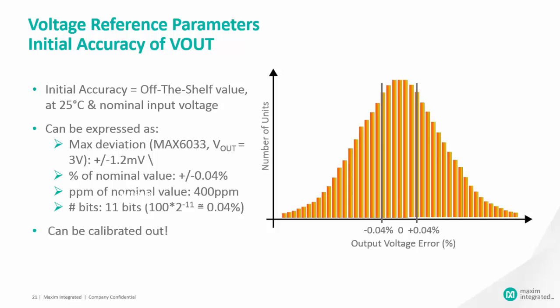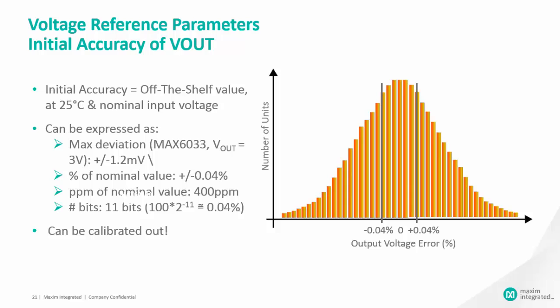Output voltage variations are usually expressed in plus or minus % of the nominal voltage in the datasheet. But depending on the application, this parameter can be expressed in parts per million over temperature, for example, or number of bits of resolution for data conversion applications. Let's use MAX6033 as an example.